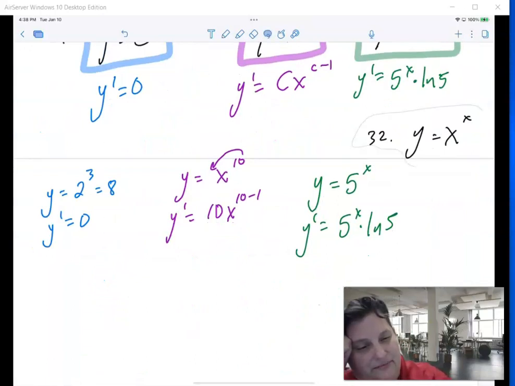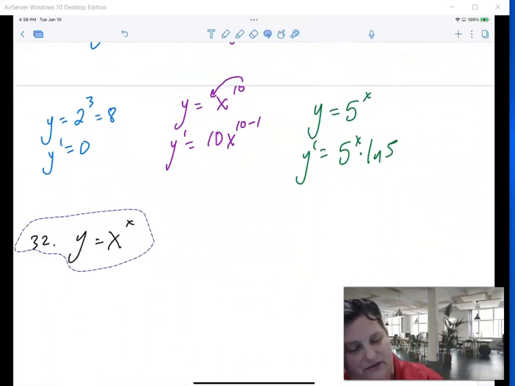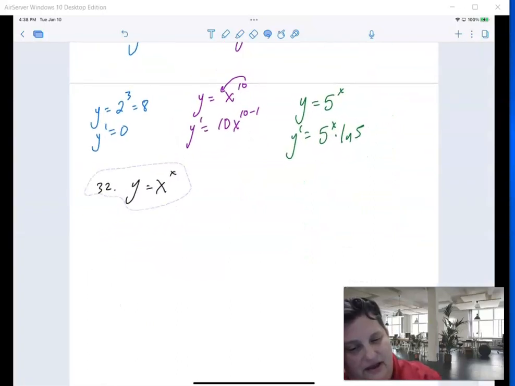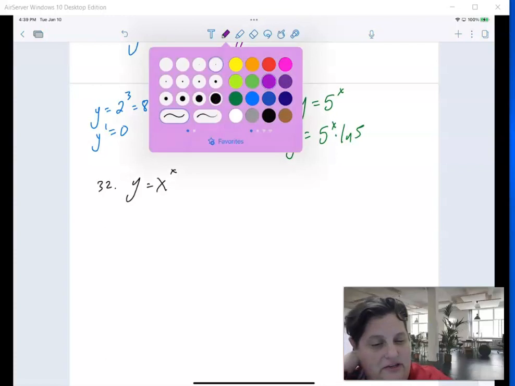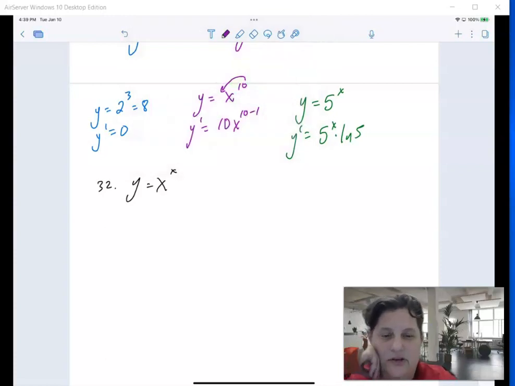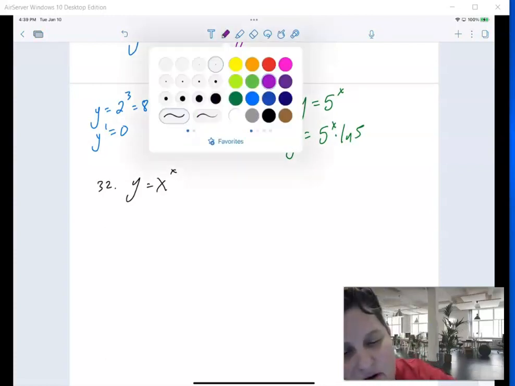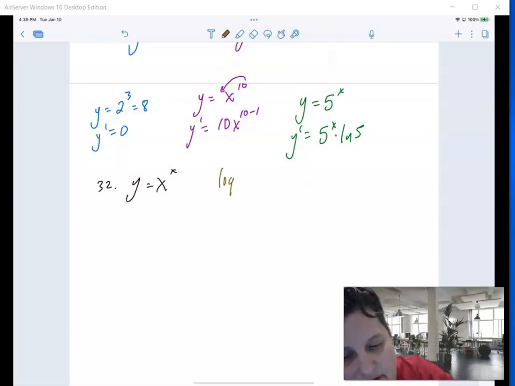All right, this last one is really fun. You're probably not going to see this on your test. What we're going to do is we can't really solve this the way that it is. We have to use something called logarithmic differentiation.